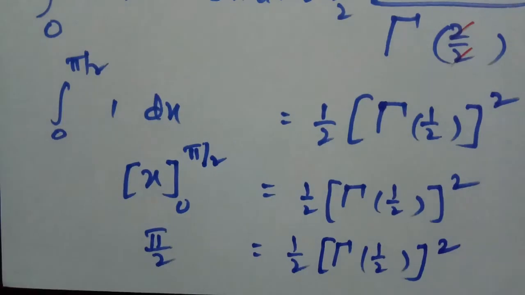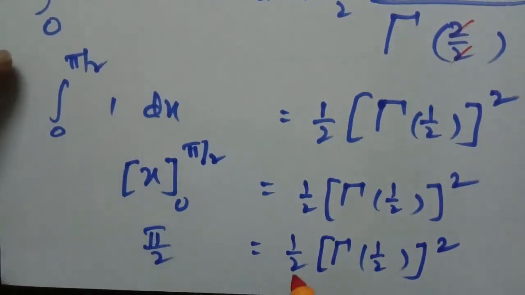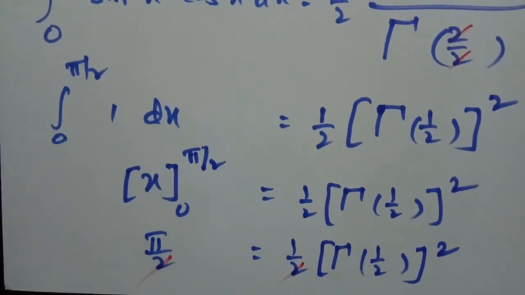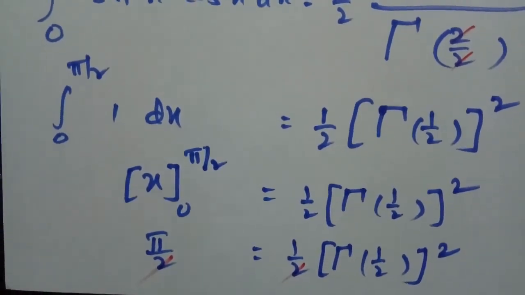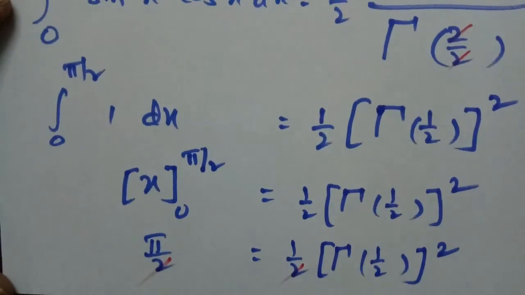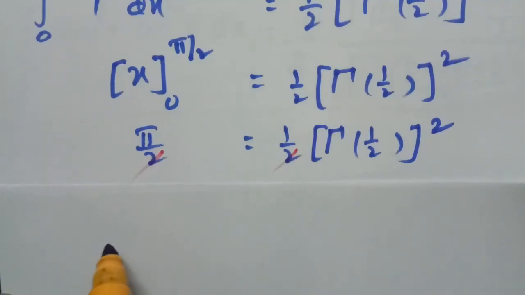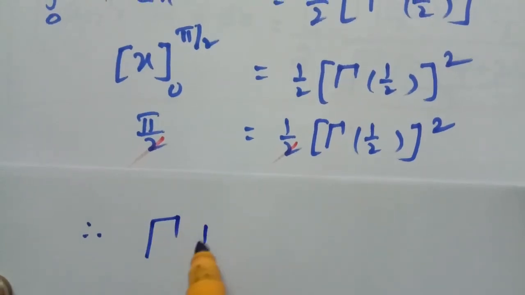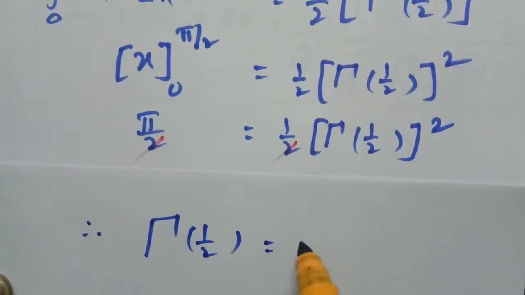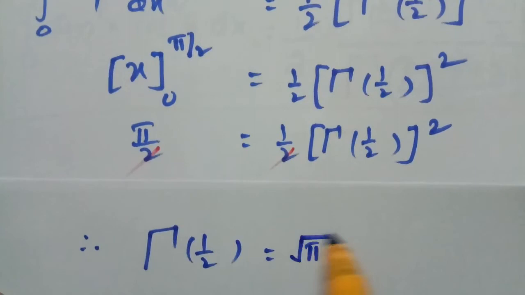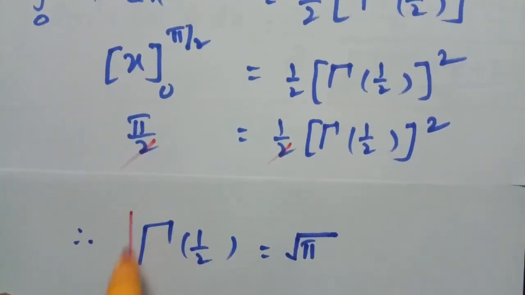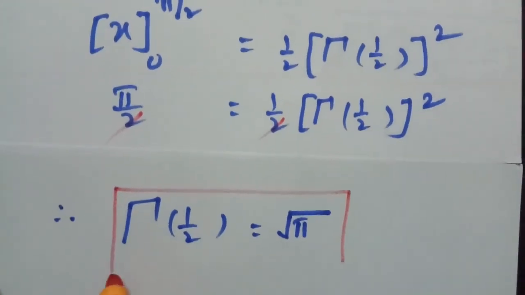Therefore, 2 gets cancelled. Therefore, taking square root on both sides, gamma half is equal to square root of pi. So therefore, we proved that gamma half is equal to root pi.